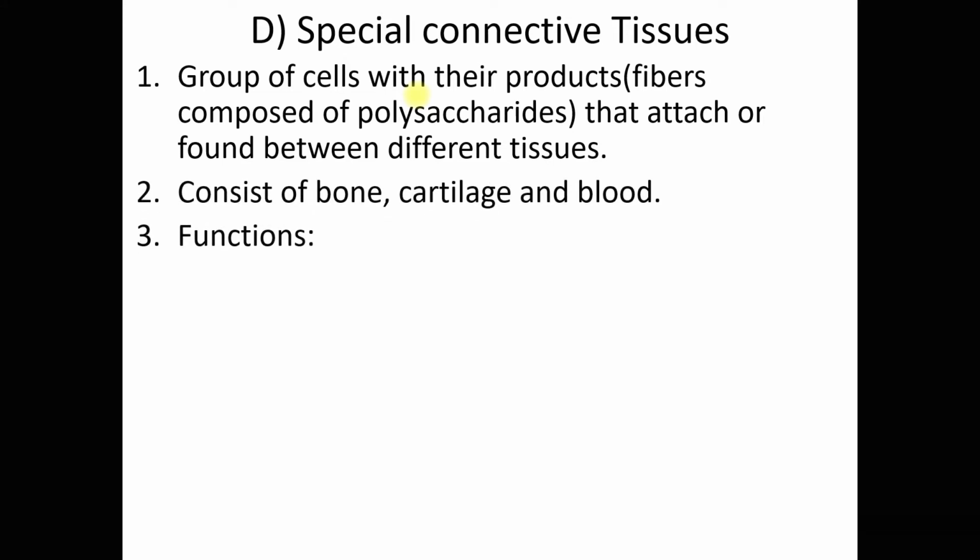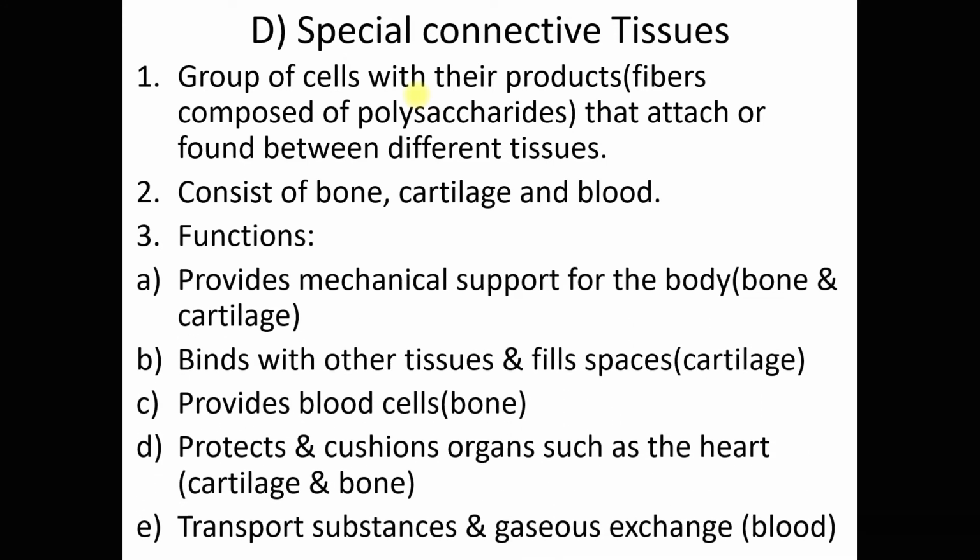So special connective tissues consist of bone, cartilage and blood. Now functions. Bone and cartilage provide mechanical support for the body. Isn't it obvious? And then cartilage binds with other tissues and fills spaces. I will further explain this later.